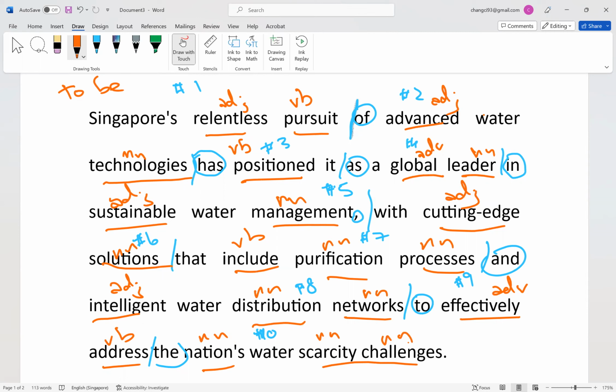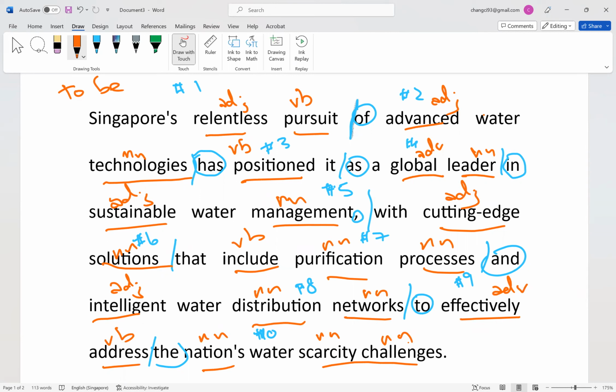So all the words that are labeled in red have to be paraphrased. Okay? And then, of course, the next step is to substitute, or paraphrase, all those words that are underlined in red while maintaining everything else as much as possible.